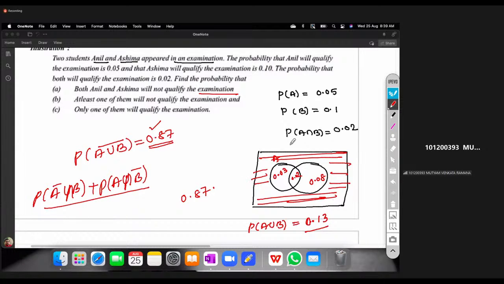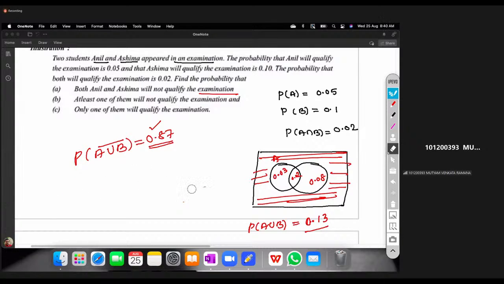So at least one of them not qualifying means A qualified but B should not qualify, this is the case. You just go ahead with the calculation. So A qualified but B not, or B qualifies and A is not qualified, or both of them are not qualified.